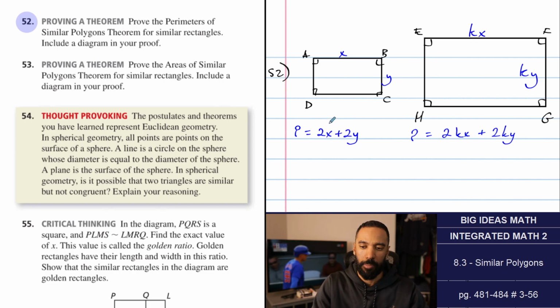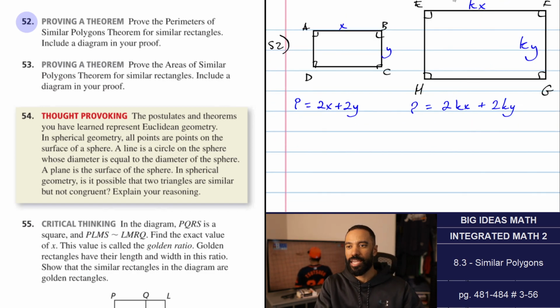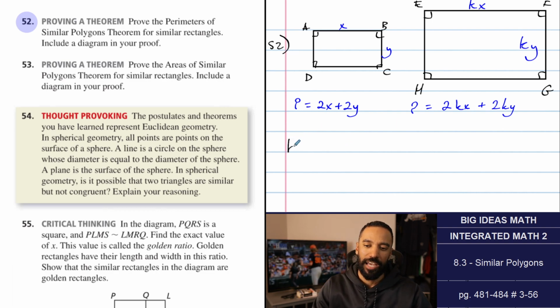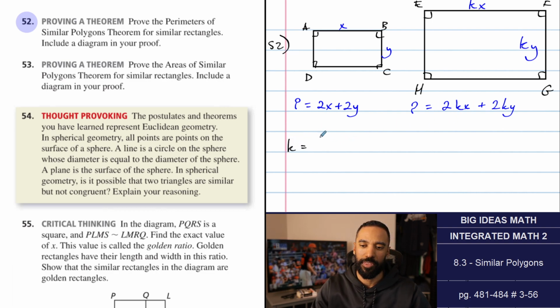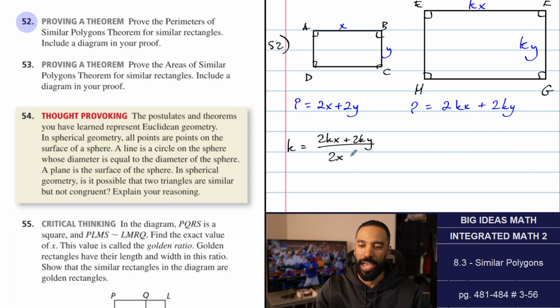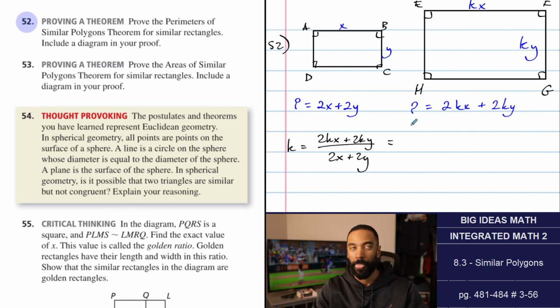The perimeter of the small, the perimeter of the big. Now, they're saying to show that this is the same as the other thing. If I did a scale factor and divided, putting the bigger one on top, 2kx plus 2ky, divided by 2x plus 2y, I need to show that that's equal to k.